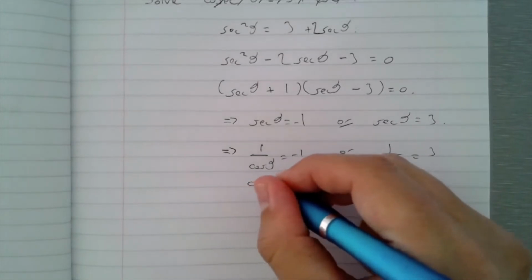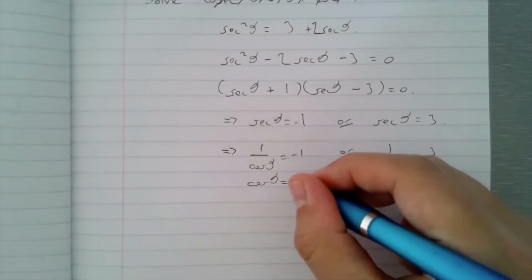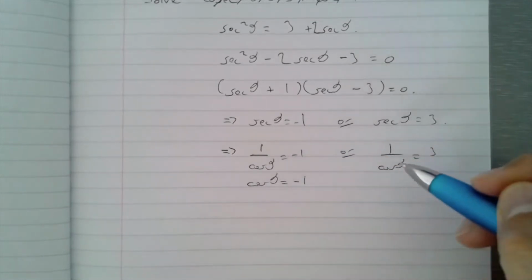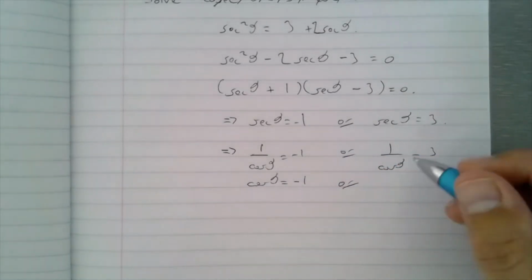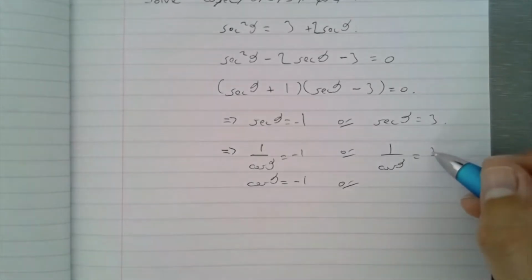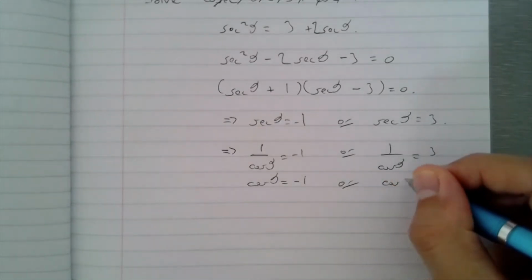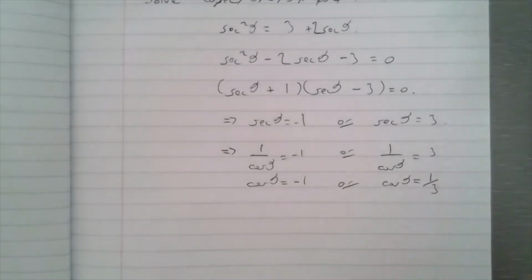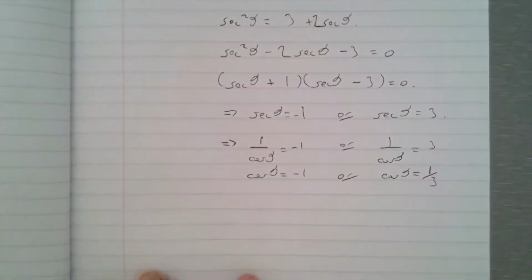And so cos theta is just equal to minus 1 altogether, if I times by cos theta and then rearrange. Or if I times by cos theta and divide by 3, I get cos theta equals a third.